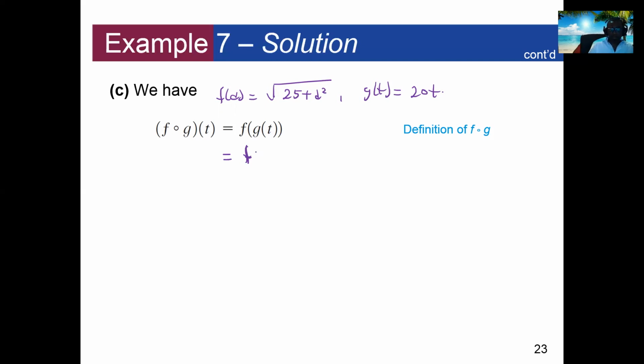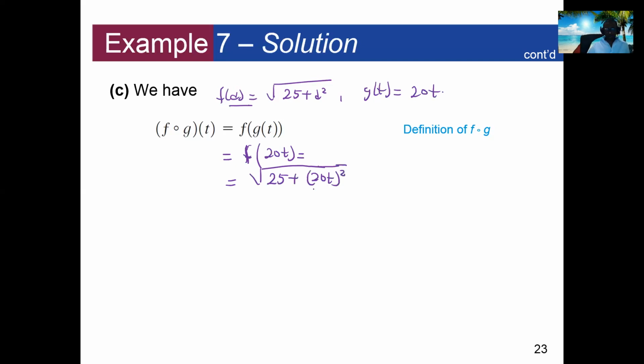So we plug 20t into the function f. That gives us the square root of 25 plus 20t all squared.